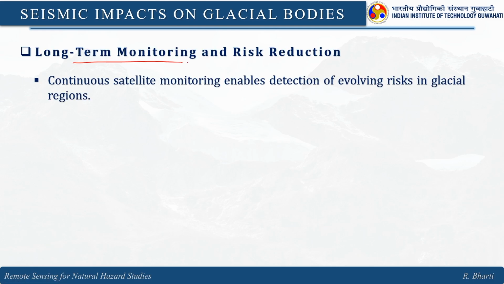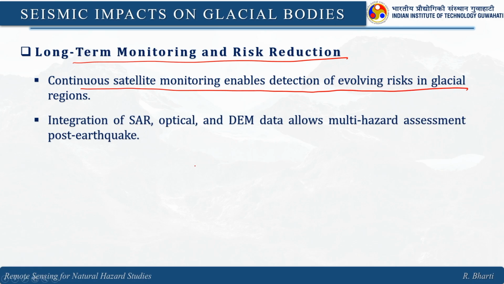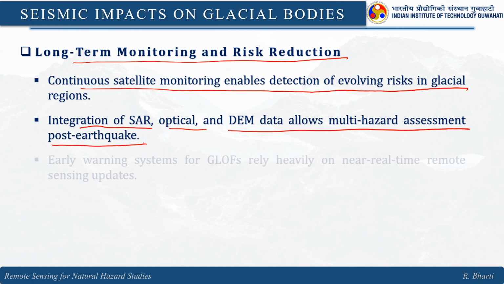So, long term monitoring and risk reduction. Continuous satellite monitoring enables detection of evolving risks in glacier regions, and we all know how important it is to monitor the glacier and the snow areas. Integration of SAR, optical and DEM data allows multi-hazard assessment post earthquake.